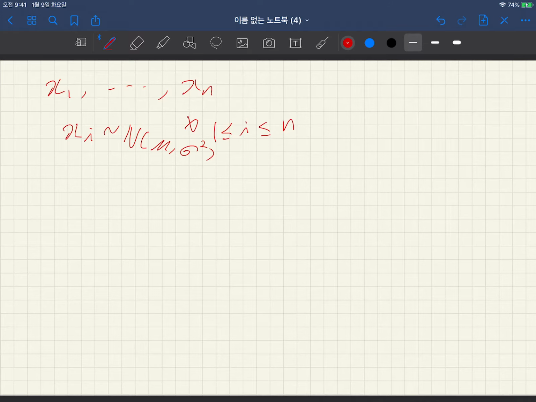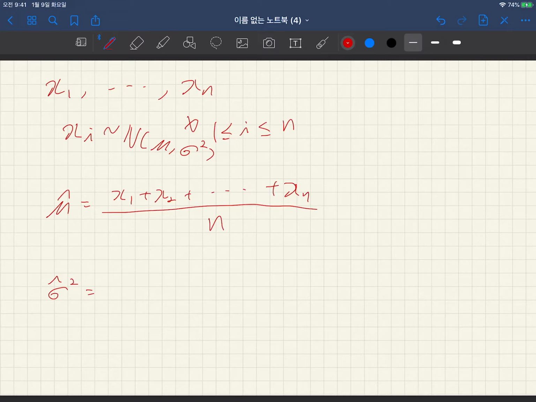And from the observations, we can estimate the mu value. So let's say this is mu hat, the empirical mean: x1 plus x2 plus up to xn over n. That is the empirical average, right? And we can estimate sigma square as well. Let's say this is sigma hat square.